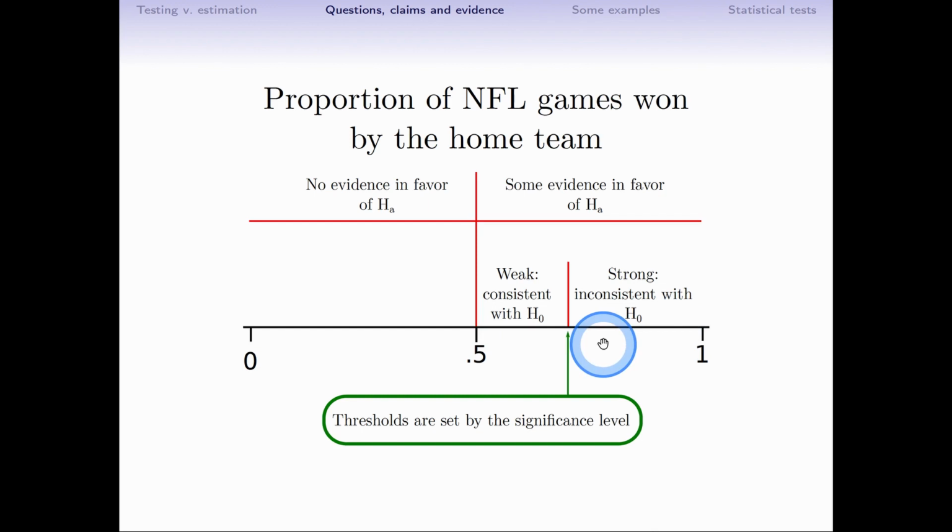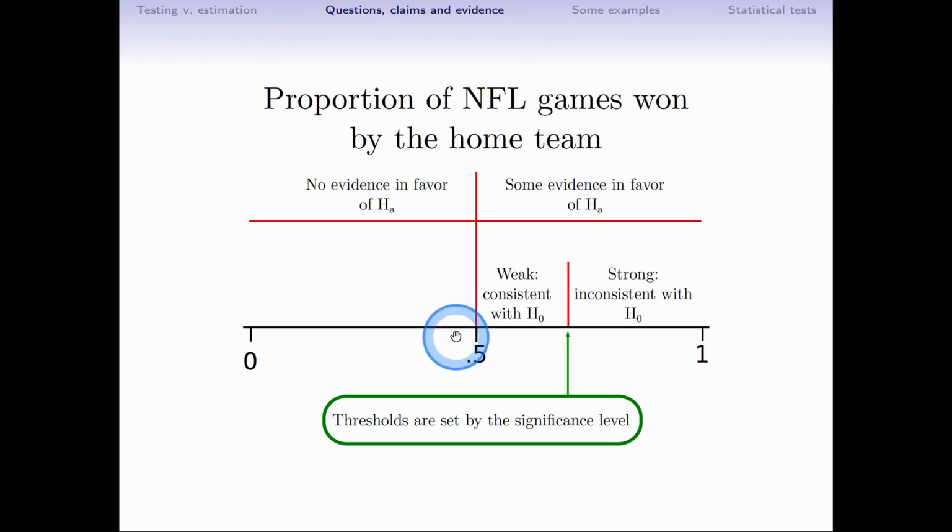We feel that the evidence for the alternative hypothesis is becoming stronger as the value of p-hat marches closer to 1. So we reach a point where the value of p-hat is no longer reasonably consistent with the condition of no effect. And in the face of this kind of evidence, we feel confident to reject the null and favor the alternative hypothesis. In other words, the evidence becomes very strong.